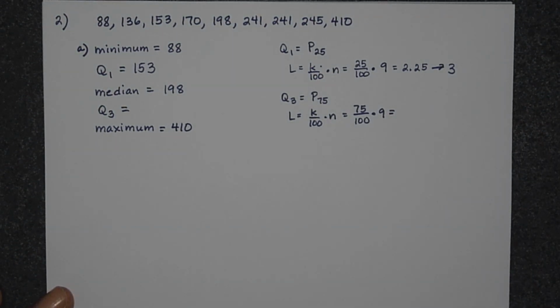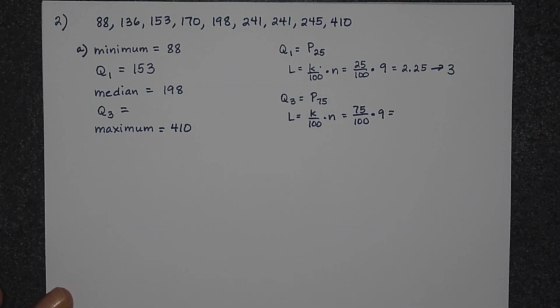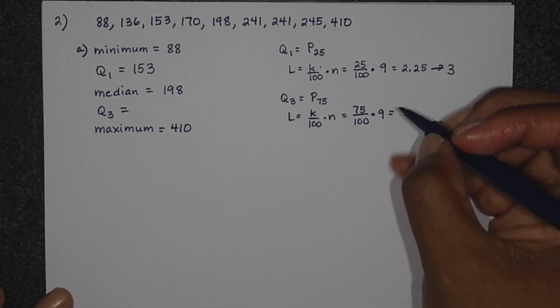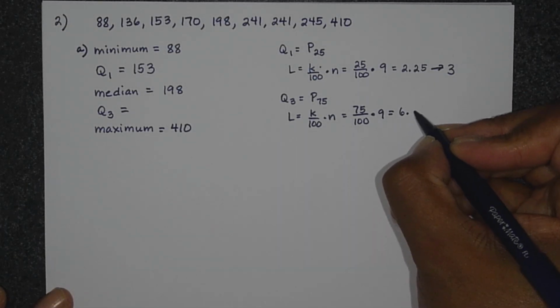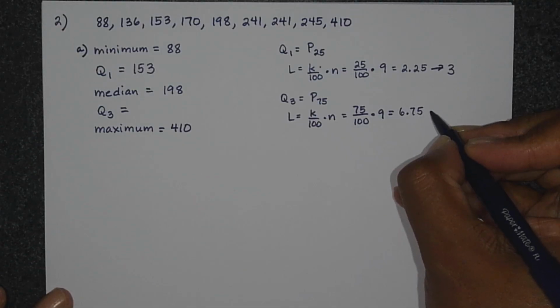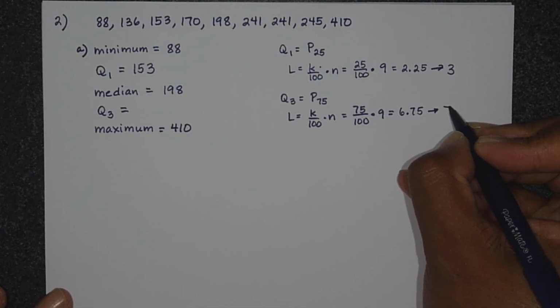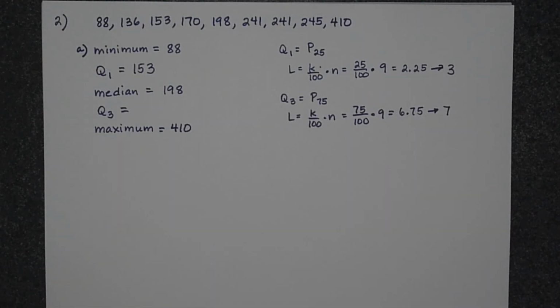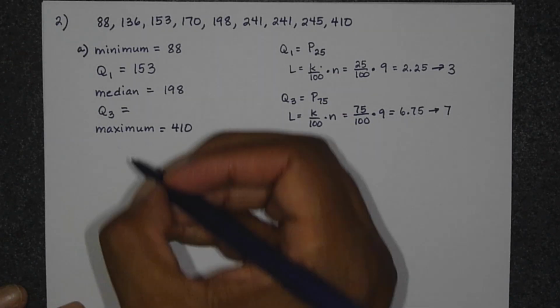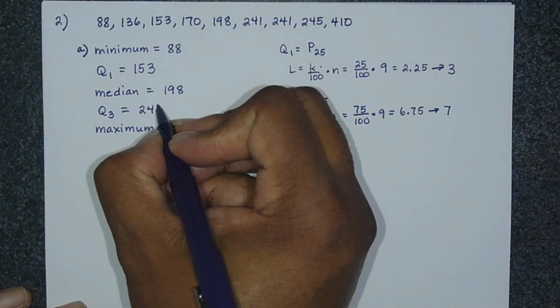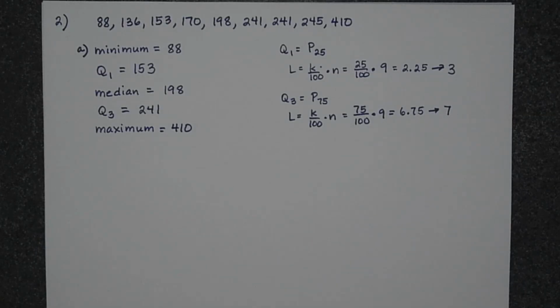So what's 75 over 100 times 9? 6.75, which rounds up to 7. So what would be the 7th number in that data set? 241. Okay, so Q3, the third quartile, would be 241. Now that right there represents the five-number summary.